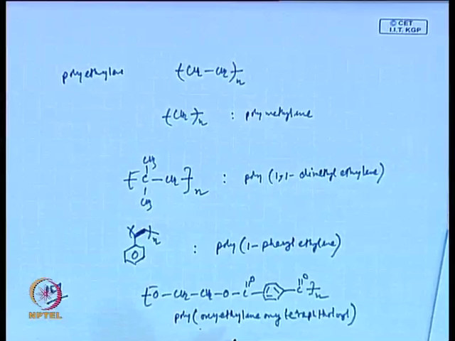So, it has become very difficult. That is why IUPAC nomenclature is not used very regularly, unless you are making a completely new polymer from a new monomer, or the name of the polymer is not conventionally available, like polystyrene.